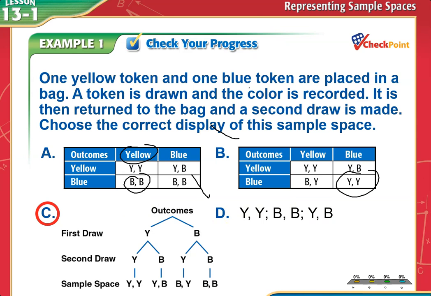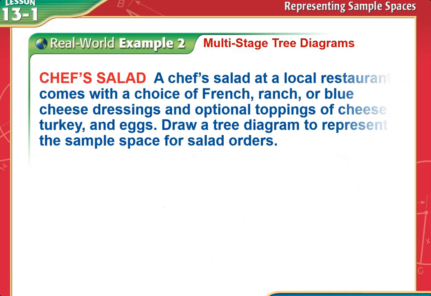Okay, here's a real-world example of a multi-stage tree diagram. A chef salad at a local restaurant comes with a choice of French, ranch, or blue cheese dressings, and optional toppings of cheese, turkey, and eggs. Draw a tree diagram to represent the sample space for salad orders.